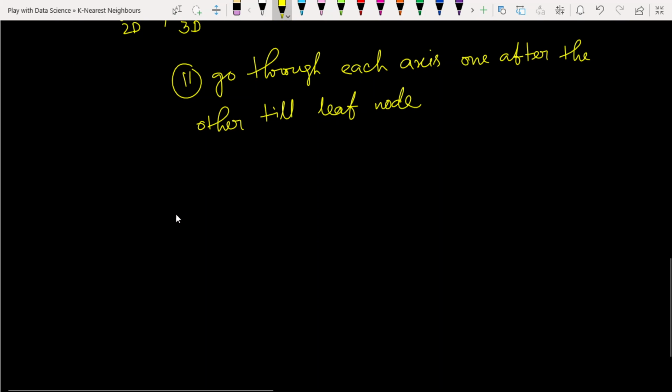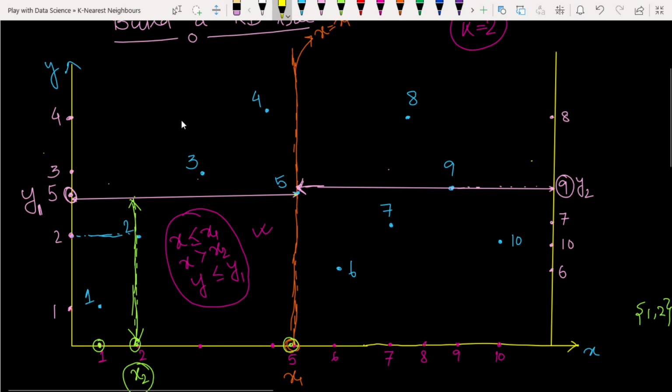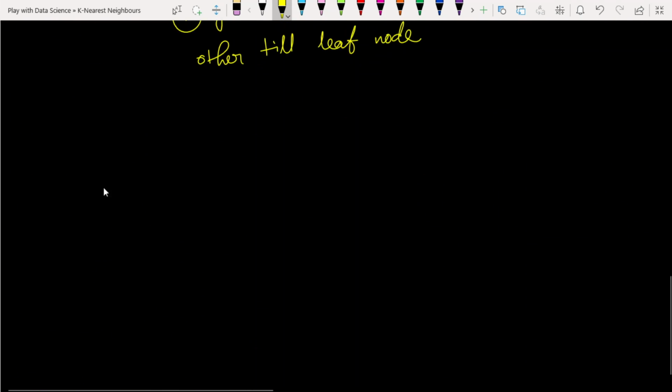And in 2D, we divide our whole space into rectangular portions. In 3D, we divide our whole space into cuboids, and in nD, we divide our space into hypercuboids.